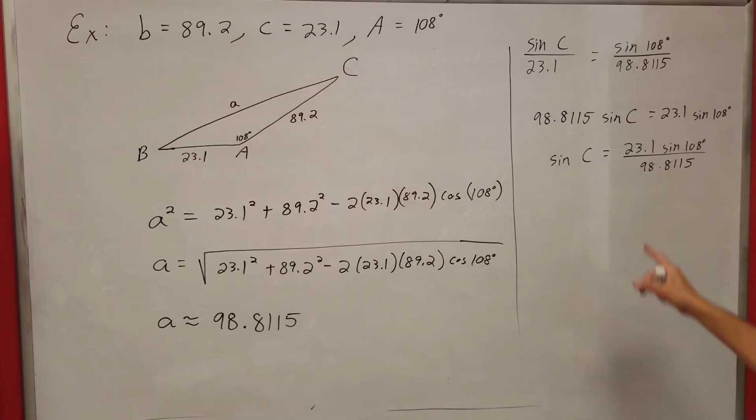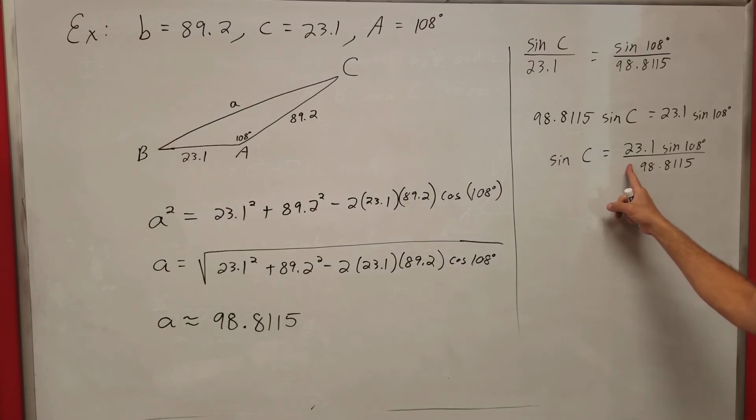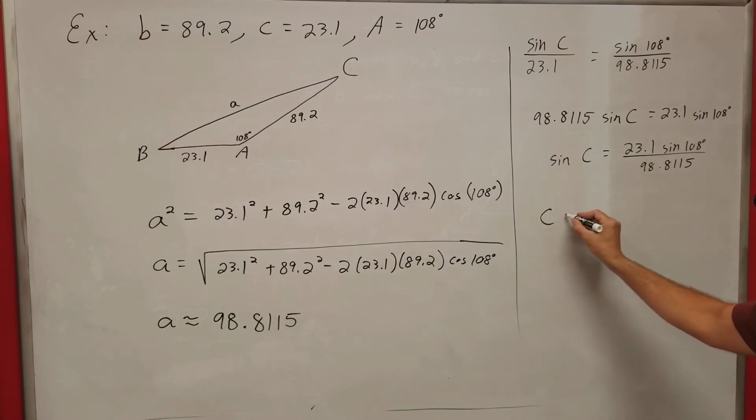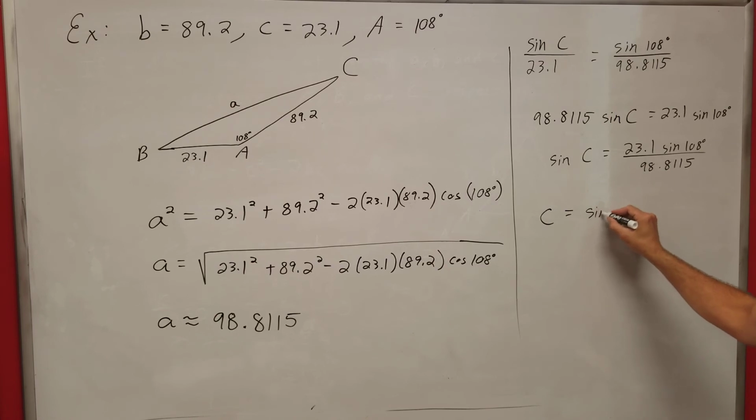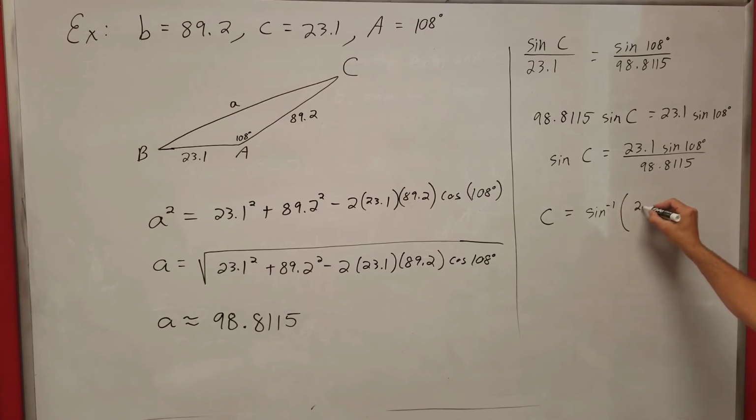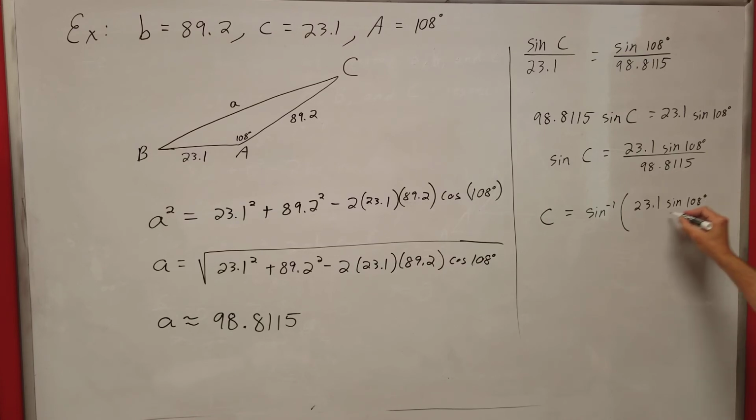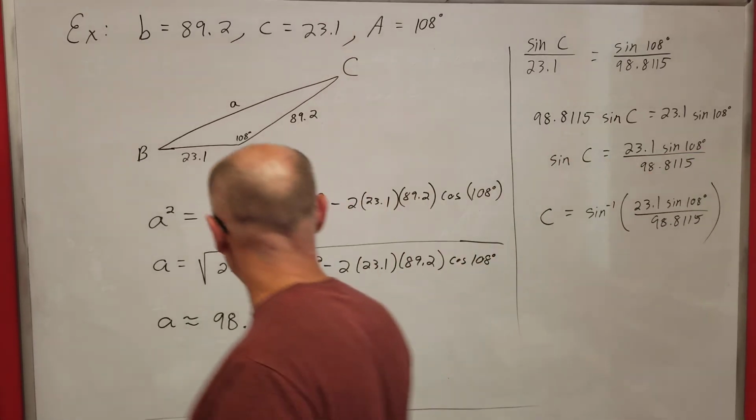So how do you solve this? Take the inverse sine of this stuff. So C will be equal to the inverse sine of 23.1 sine of 108 degrees all over 98.8115.